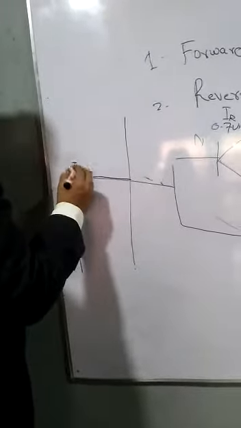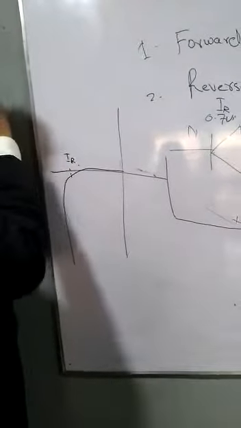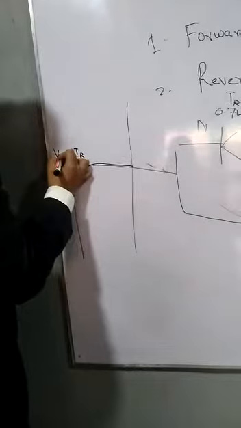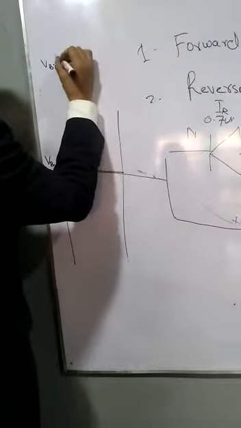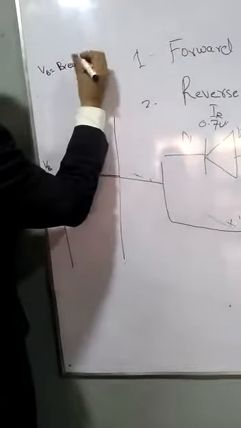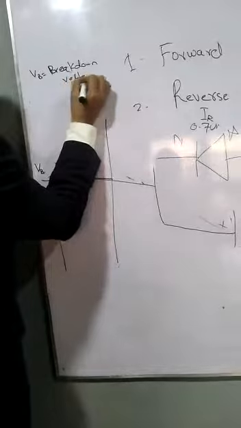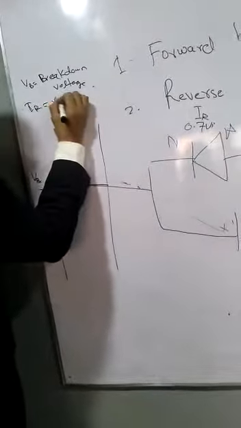For the case of reverse bias direction, the graph will be just like that. This is the reverse current, and the voltage here will be VB. VB stands for breakdown voltage, and IR stands for reverse current.